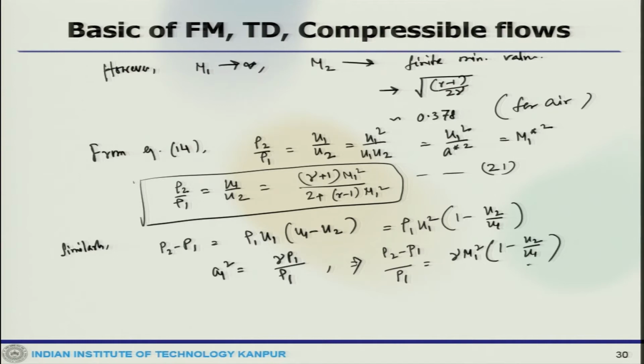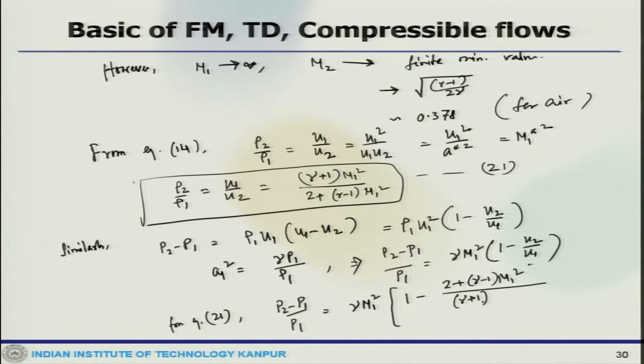Now, since this has a ratio of the velocity from equation 21, if we use the value of u 1 by u 2, we get p 2 minus p 1 by p 1 equals gamma m 1 square times 1 minus 2 plus gamma minus 1 m 1 square by gamma plus 1 m 1 square.